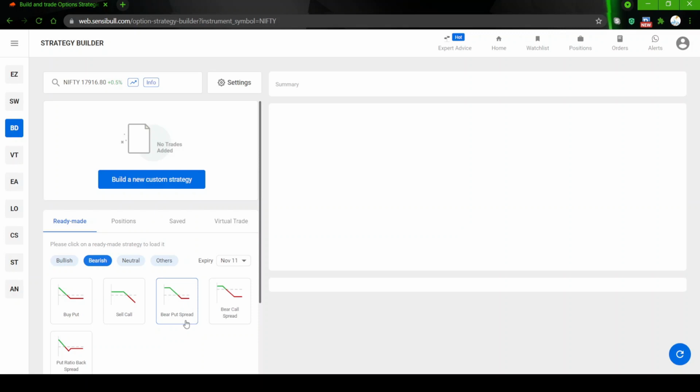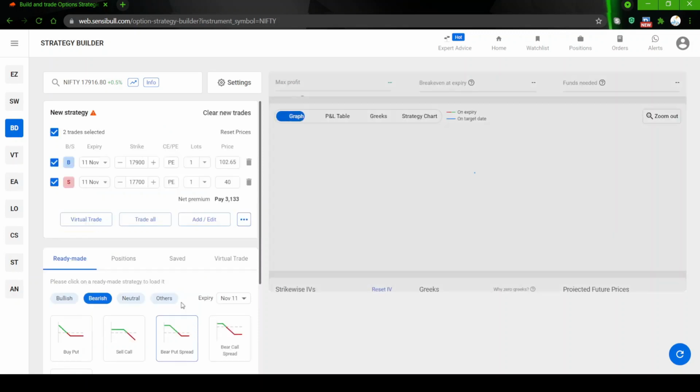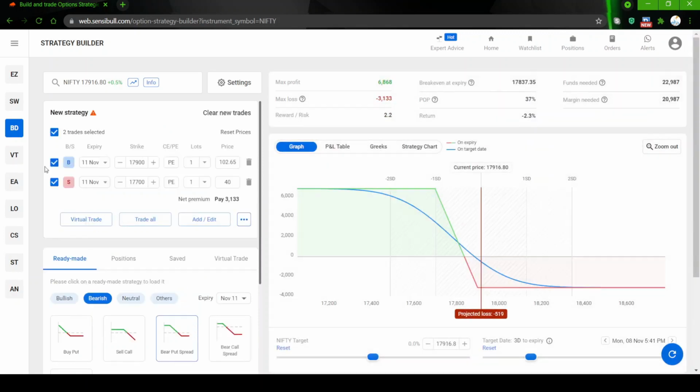So how will the bear put spread look? Let us click this. It will give you a ready-made option. When I click this, Sensibull gives a ready-made bear put spread with the current value of Nifty at 17,900, say. It picks the 11th November expiry, which is the very nearest expiry.